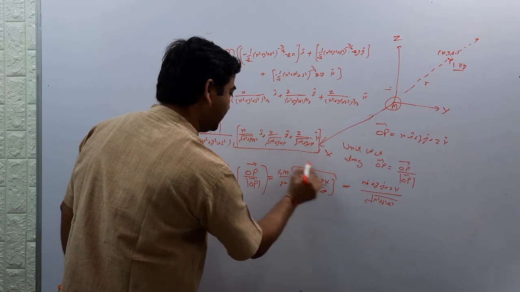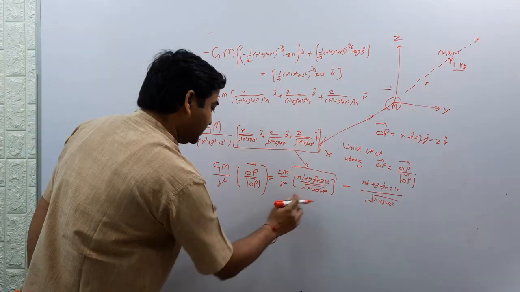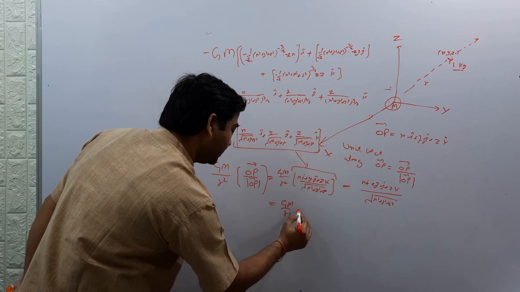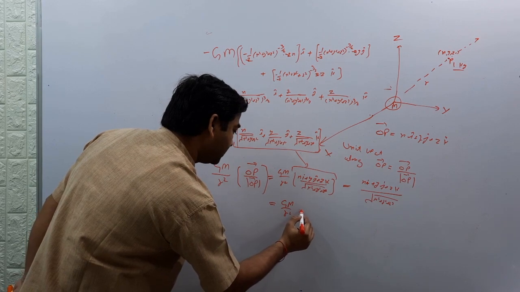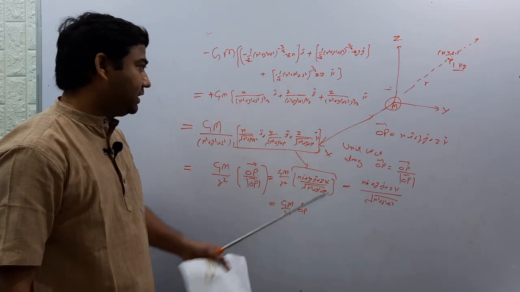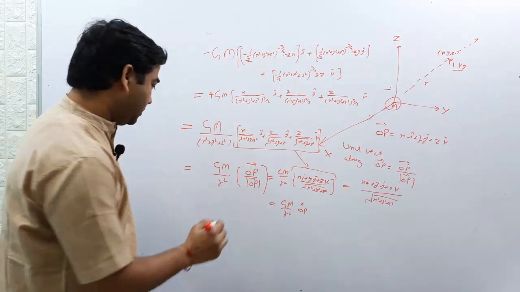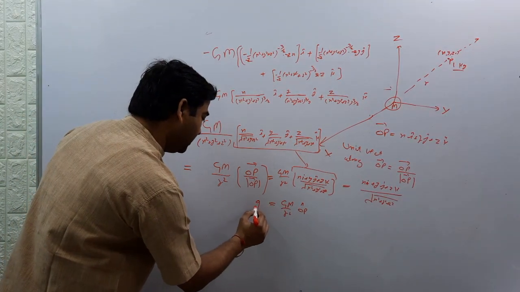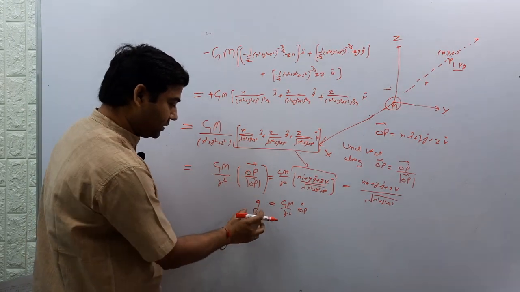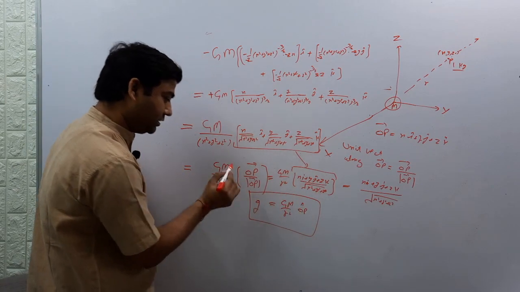This can be written like this: GM by r square, and unit vector, I will write unit vector along OP using cap. So that is G. You know, by Newton's gravitational law, gravitational acceleration is given by this expression.